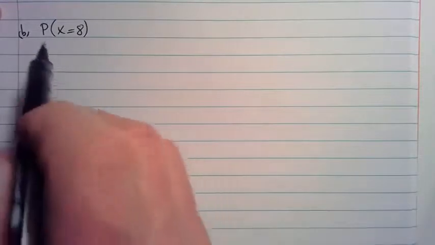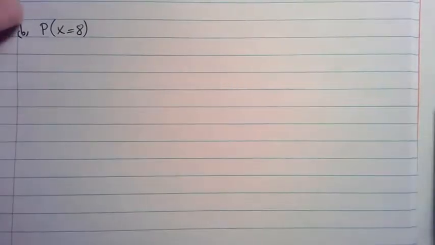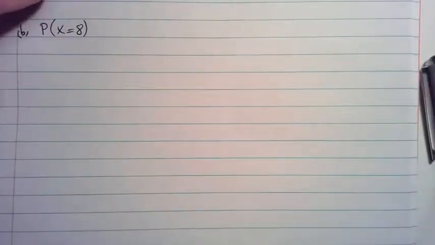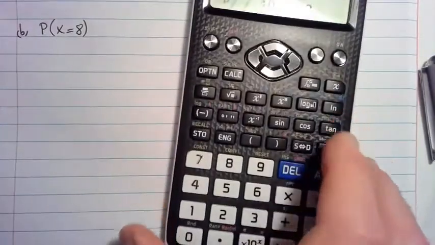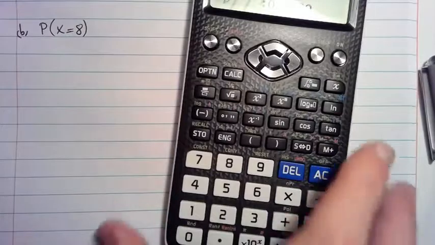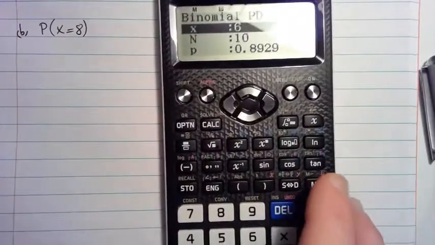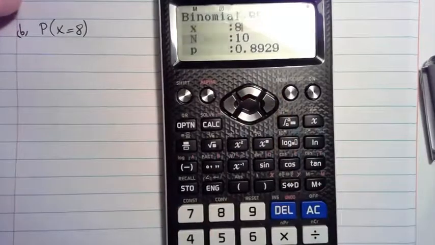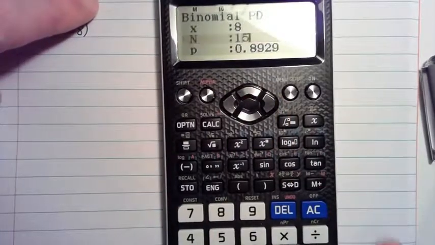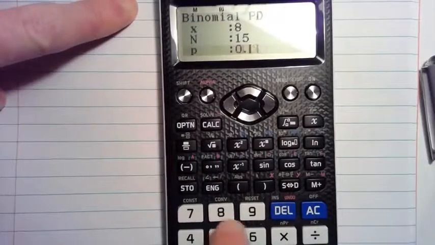Part B, here we're looking for the probability that x equals 8, given the distribution, it's a binomial with a probability of success of 0.5. So what I'm going to do is go back to my calculator here and change these values. So this time x equals 8, n value is 15, probability of success is 0.5.